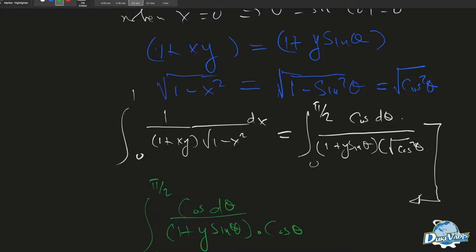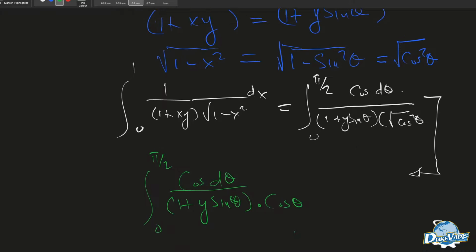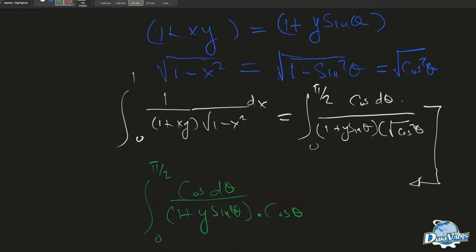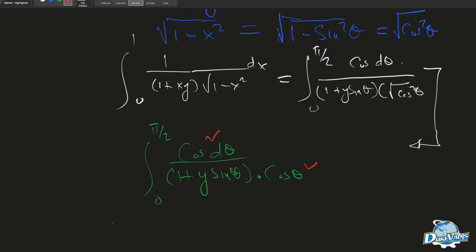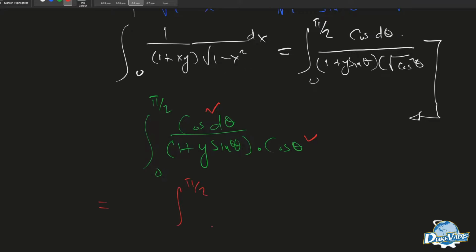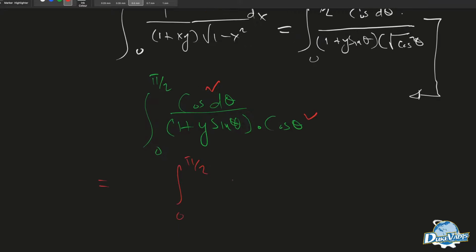So straight on, the cos theta will take care of the other one, so this one will cancel this. Then our final integral will be the integral from 0 to pi on 2 of d theta all over 1 plus y sine theta. So this is the integration that we have to tackle.